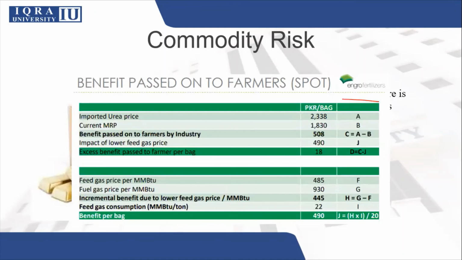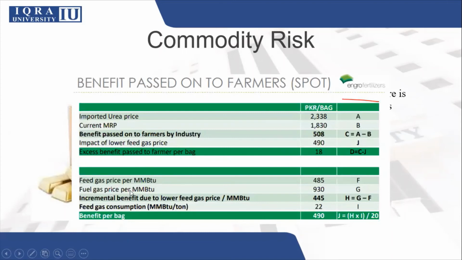and reduce the fertilizer cost. For example, you can see over here, this is a snippet taken from an analyst report. The imported urea price is mentioned, then they have mentioned the benefit that is passed on to farmers, and then they have even shown the impact of lower feed gas price. Then they have calculated the excess benefit passed to farmers.